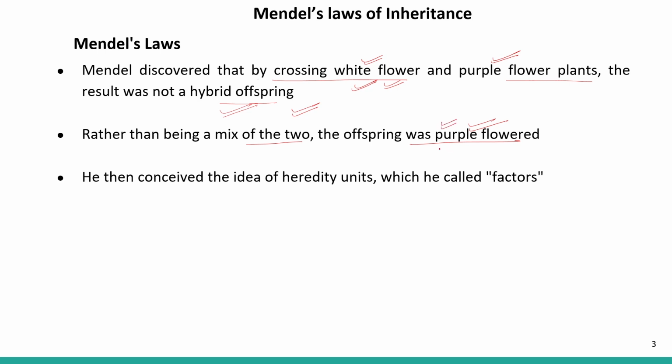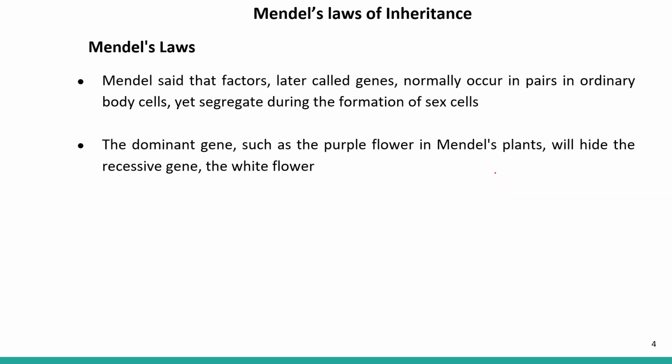He then conceived the idea of hereditary units, which he called factors. By having a lot of such hybridization results, he concluded that there is some hereditary unit transferring from one generation to another, and he gave that unit the term factors.